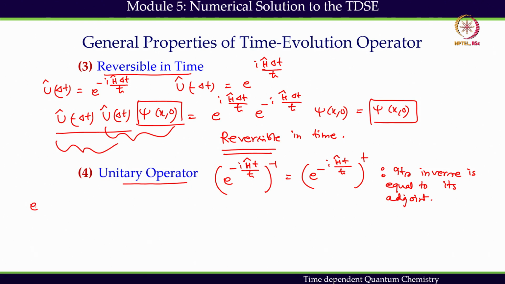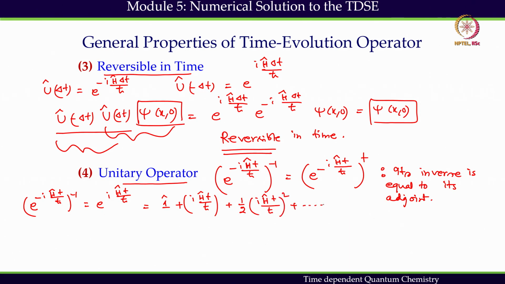We will prove that; one can prove it very easily. If I try to find e to the power minus i H t by h cut inverse, that is going to be e to the power i H t by h cut, which, with the help of the Taylor series expansion, can be written as 1 plus i H t by h cut plus half (i H t by h cut) whole square plus like this.